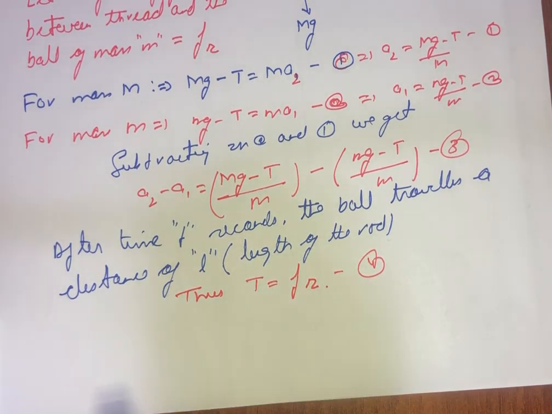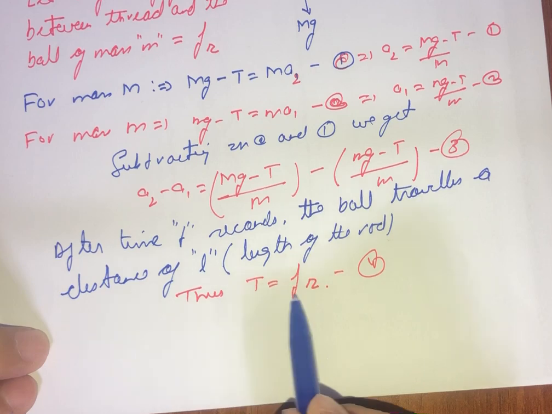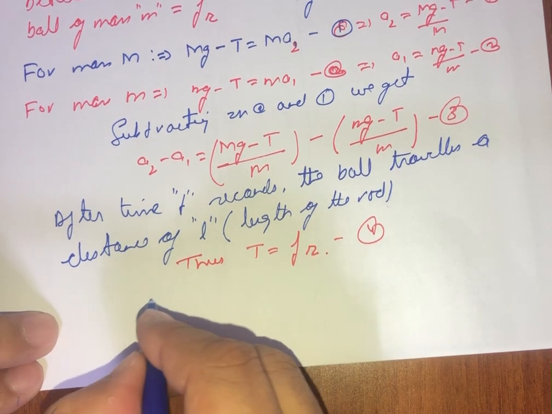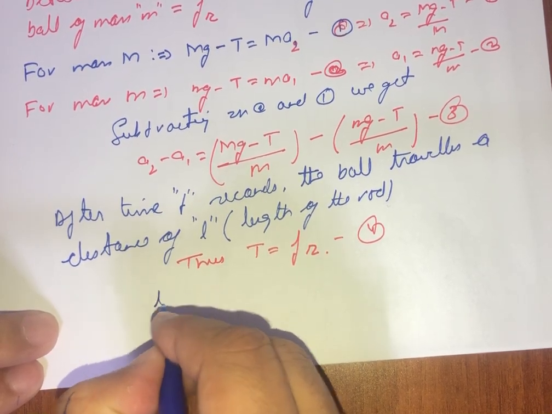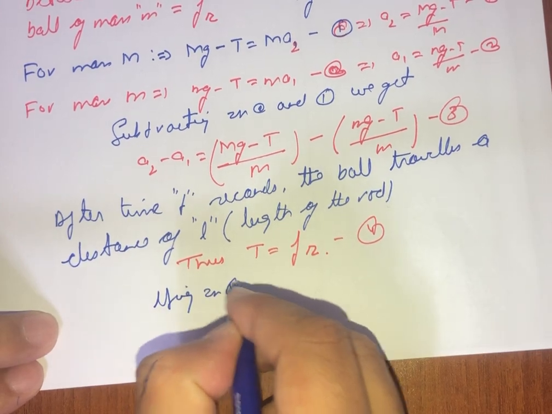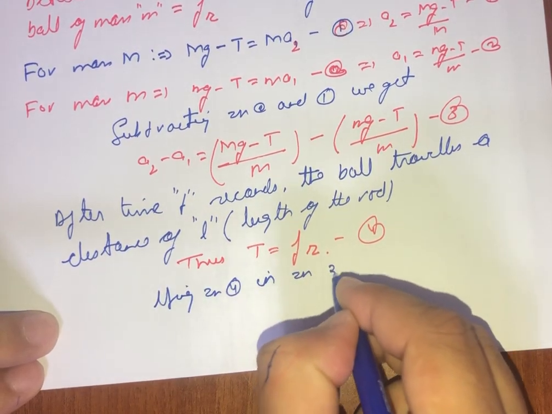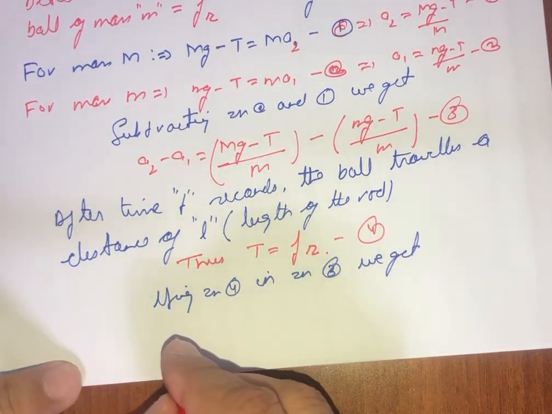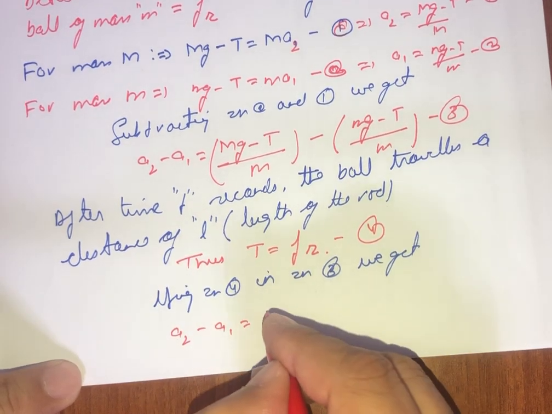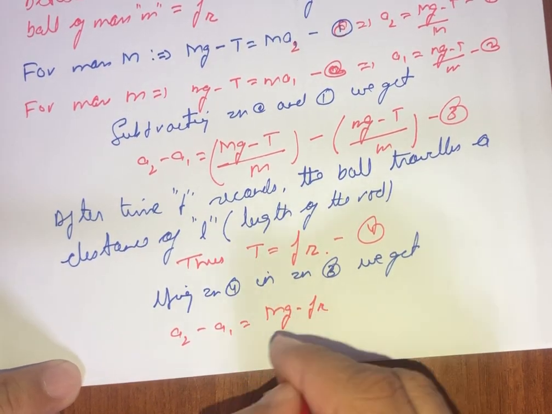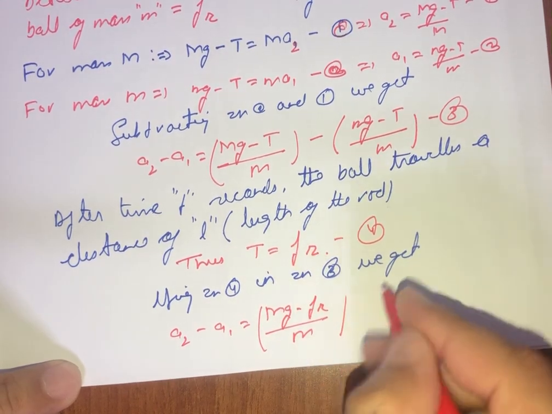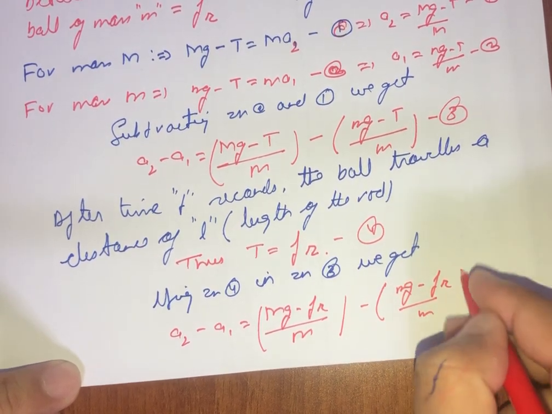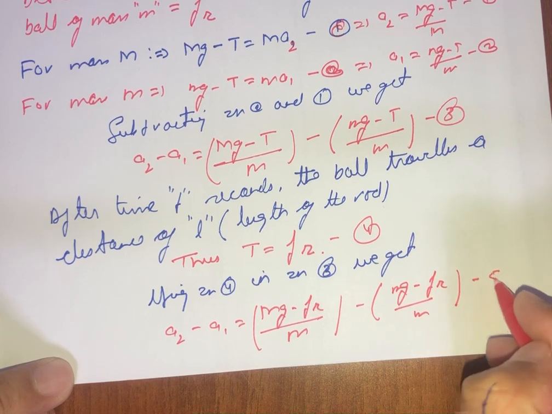So substituting the value of tension as force of friction from equation 4 into equation 3, we get a2 minus a1 is equal to (Mg minus Fr) divided by capital M minus (mg minus Fr) divided by small m. Let us call this equation number 5.